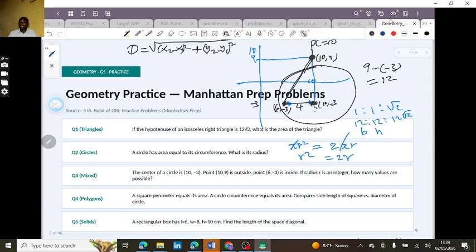This alone will not solve this question we are solving. You can go to Manhattan and find them. This particular question, maybe the Manhattan people also solve it.